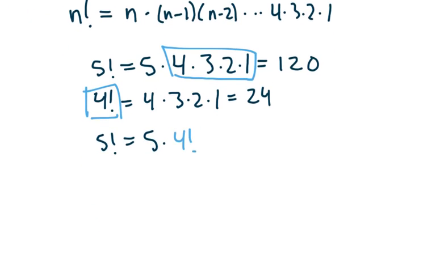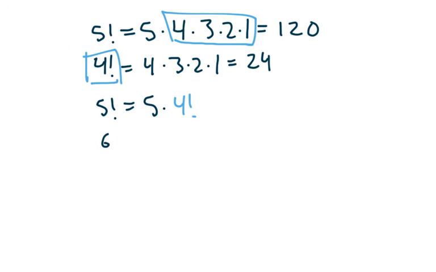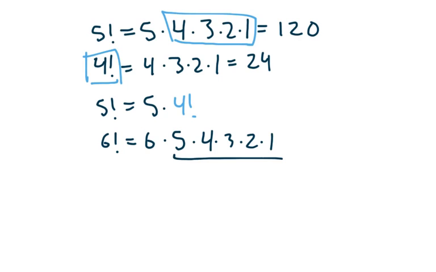Pretty handy, right? For example, let's say I want to do 6 factorial. I know that that is 6 times 5 times 4 times 3 times 2 times 1. Well, we actually know all of this stuff. This stuff is 5 factorial. I could write 6 factorial as 6 times 5 factorial. And we know that's 6 times 120.